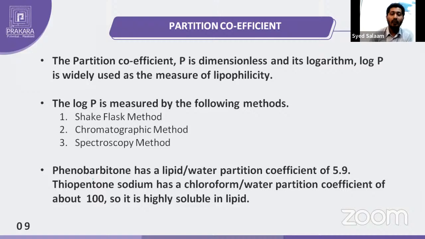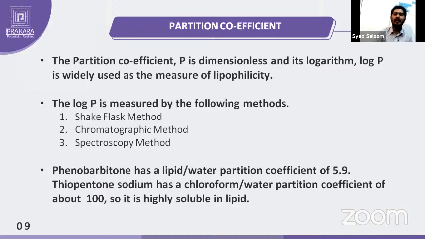Lipophilicity of the drug will be identified through these P values. We have various methods through which this lipophilicity can be identified: the shake flask method, chromatographic method, and spectroscopic method. These are the various methods by which we get the log P value.